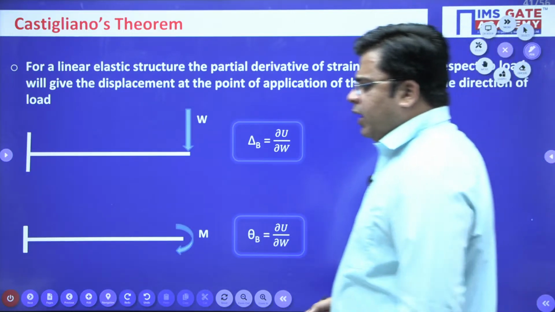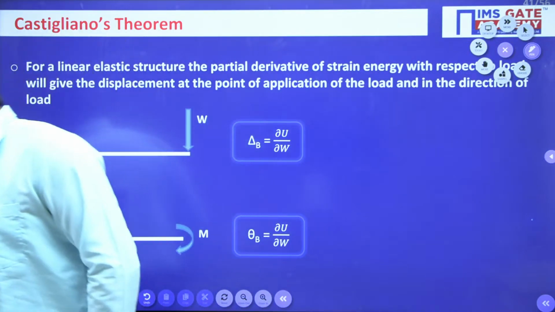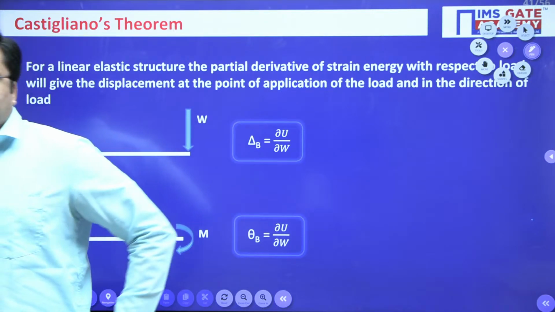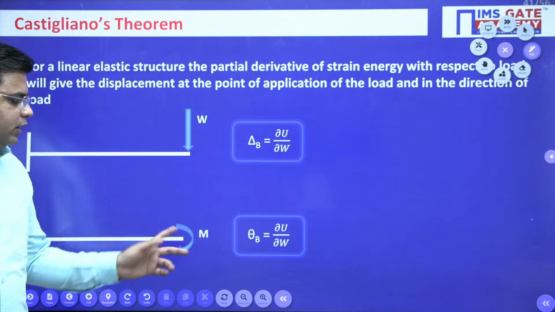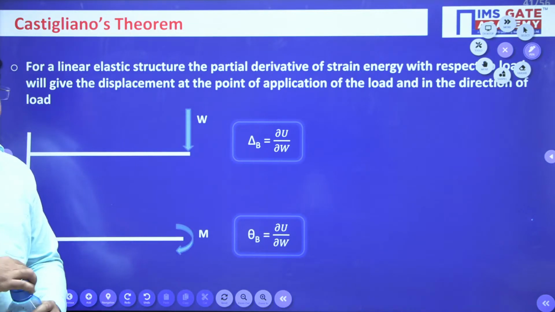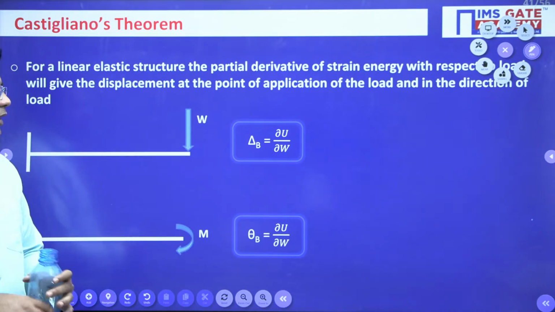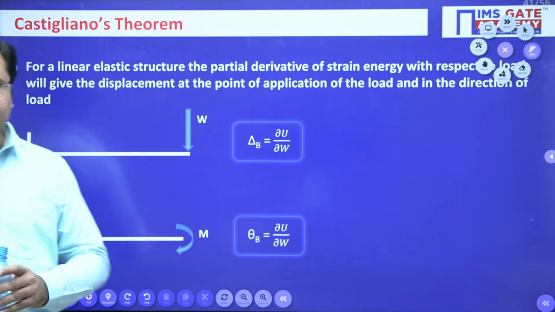Next, using the strain energy, we can also calculate the deformations. It can be vertical deformation or rotational deformation, or horizontal deformation, depending upon the type of load which is acting.